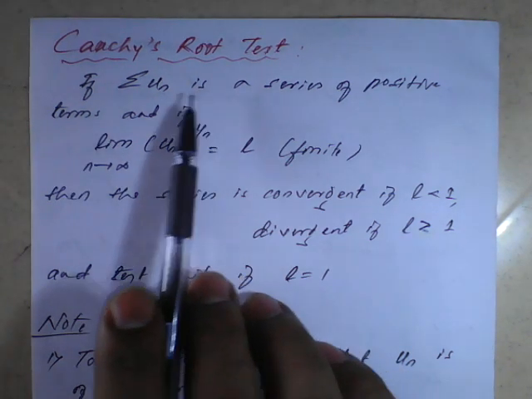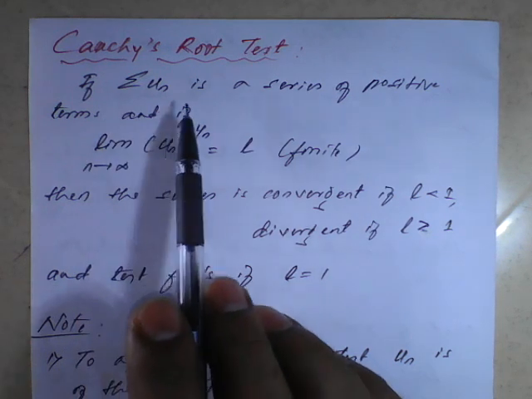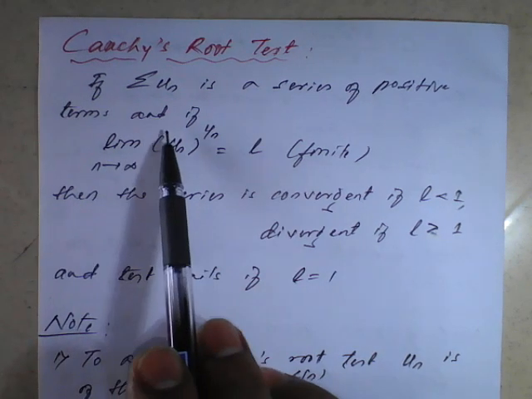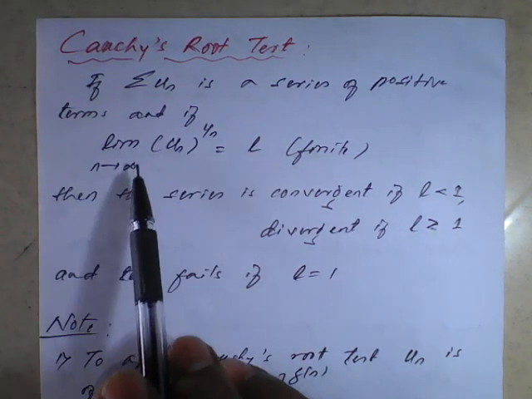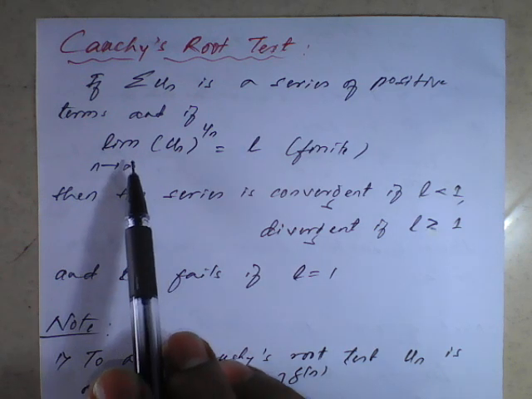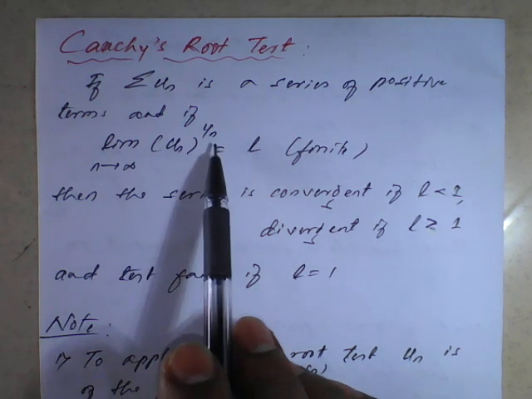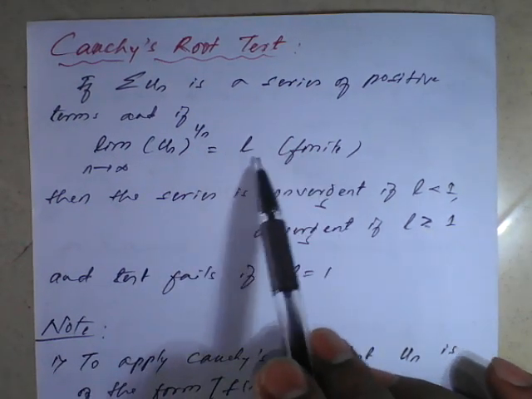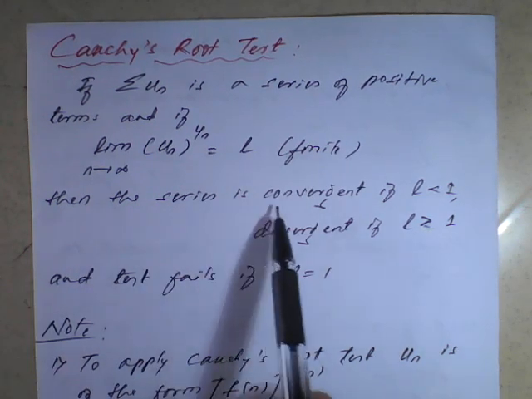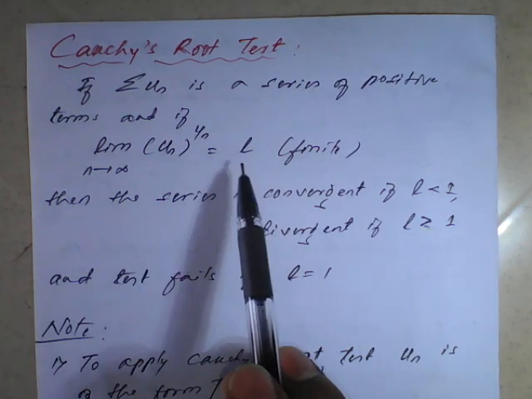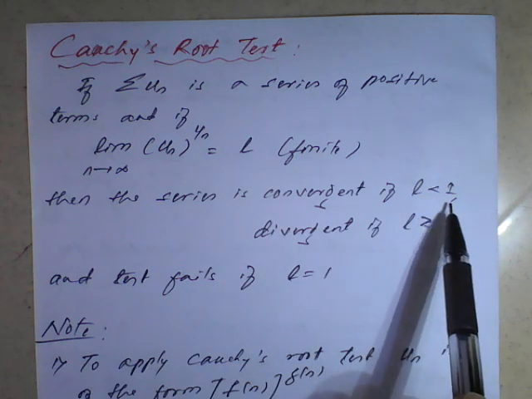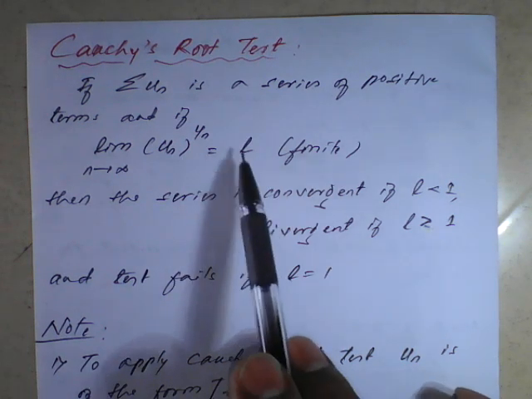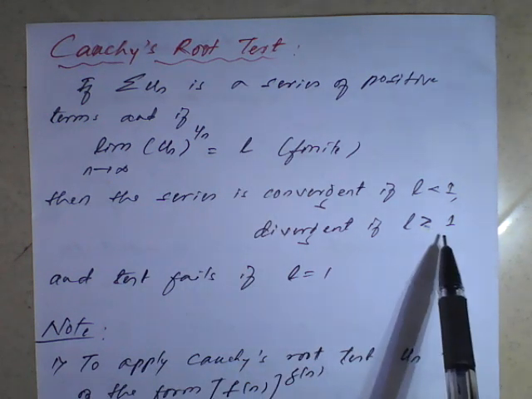Cauchy's root test says if summation of un is a series of positive terms and if limit of un raised to 1 upon n as n tends to infinity is equal to L, where L is finite, then the series is convergent if this L is less than 1, and divergent if this limit is greater than 1.